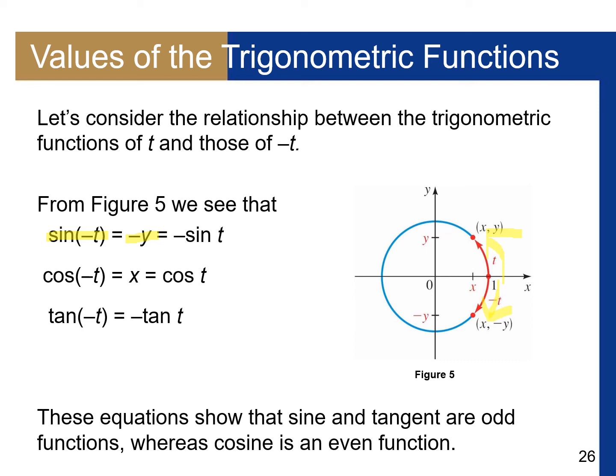We'll see that the cosine of negative t is x, and that is the positive cosine of t. Why? Because my x value is still positive right here. So even though I'm going down, if I'm in the fourth quadrant, my x value is still positive. Now my tangent is sine over cosine, so if I have a negative sine over a positive cosine, it's going to be negative.